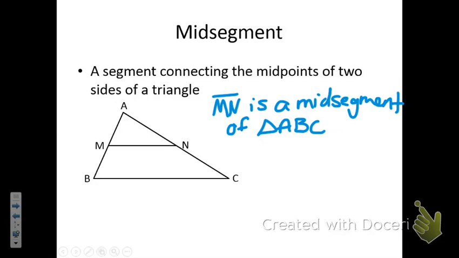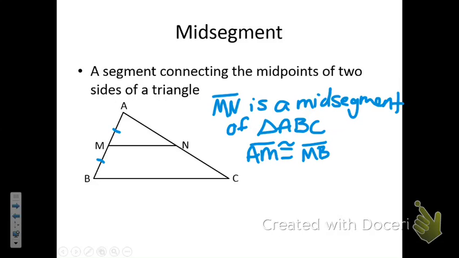So if M is a midpoint, then what do I know about AM and MB? Good, they're congruent. So I would know that I have congruent pieces if I know that I have a mid-segment. So I would know that AM is congruent to MB.